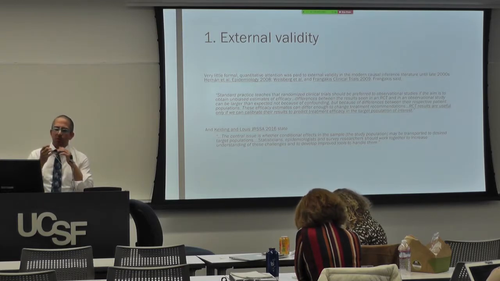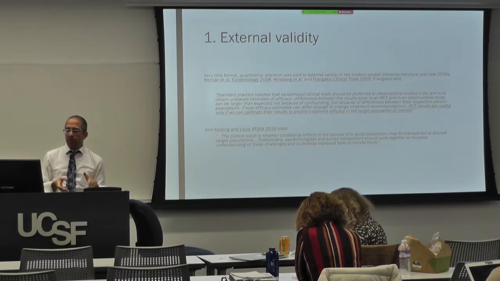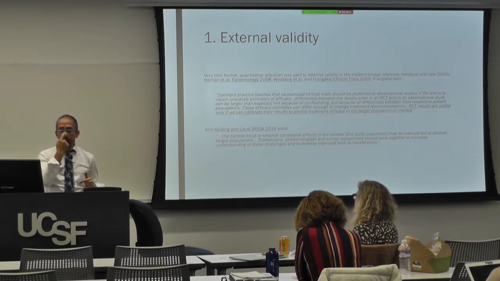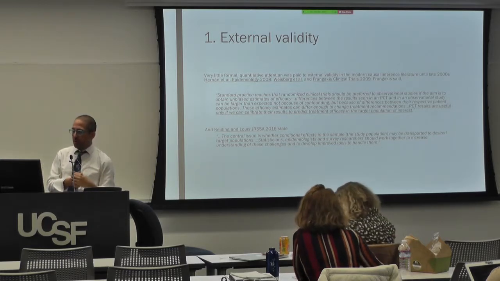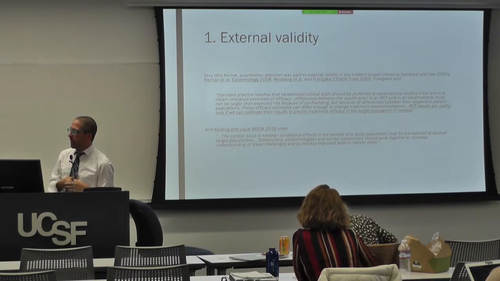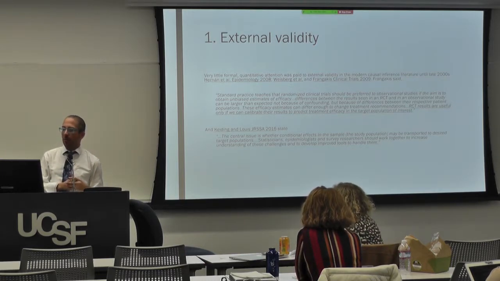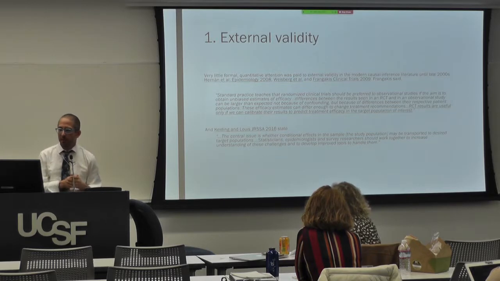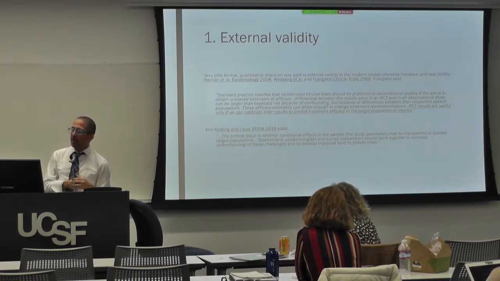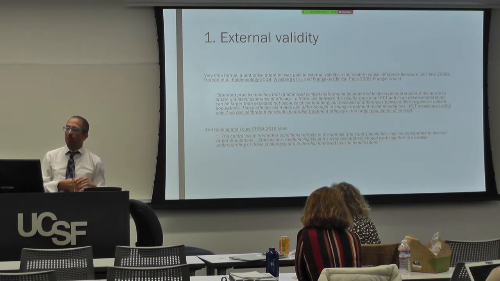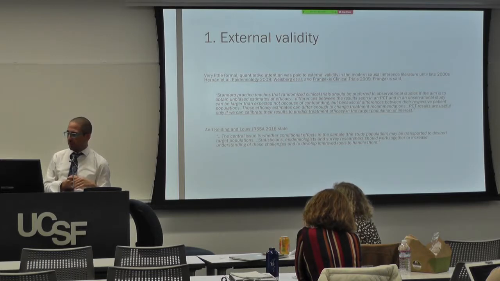There was very little formal quantitative attention paid to external validity in the modern causal inference literature until the late 2000s. I think the first mention that I am familiar with was by Hernan in 2008. Frangakis in 2009 has this passage. RCT results, he says, are useful only if we can calibrate the results to predict treatment efficacy in the target population of interest.